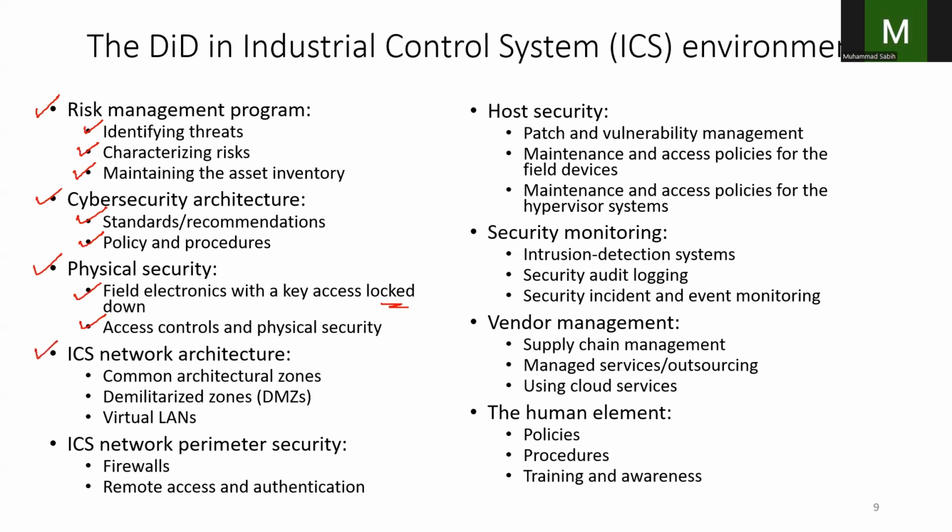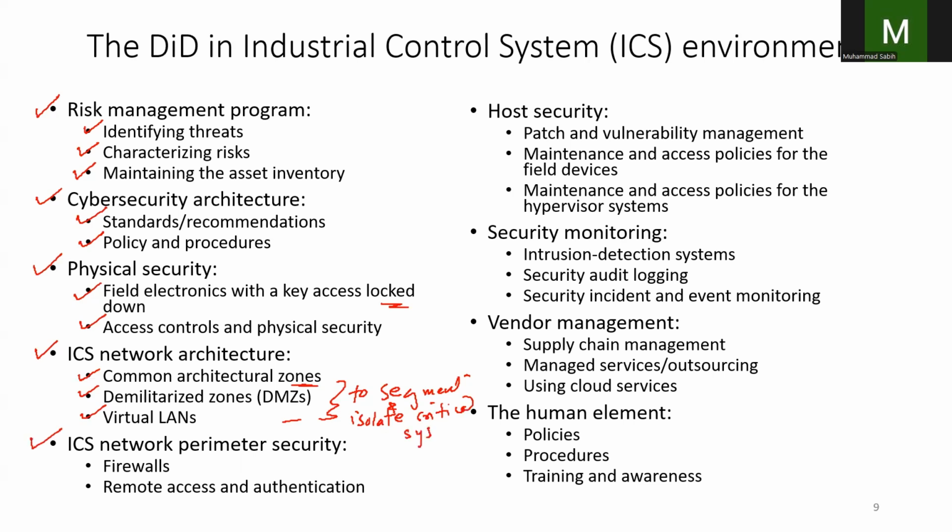Then comes the ICS network architecture. We have to define the zoned architectures, the DMZ demilitarized zones, and virtual LANs to segment and isolate the critical systems. This is important.